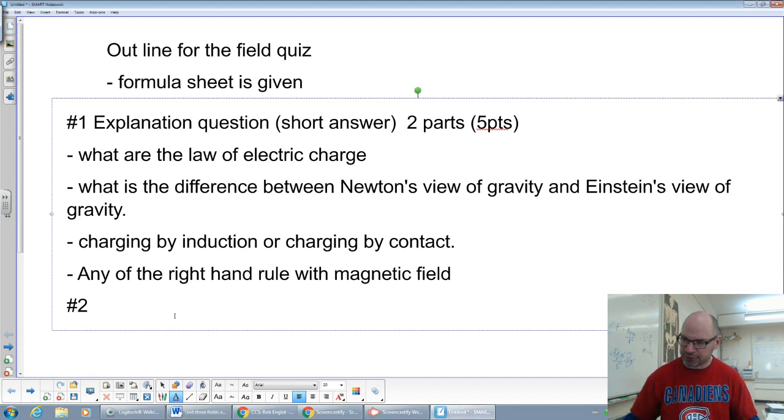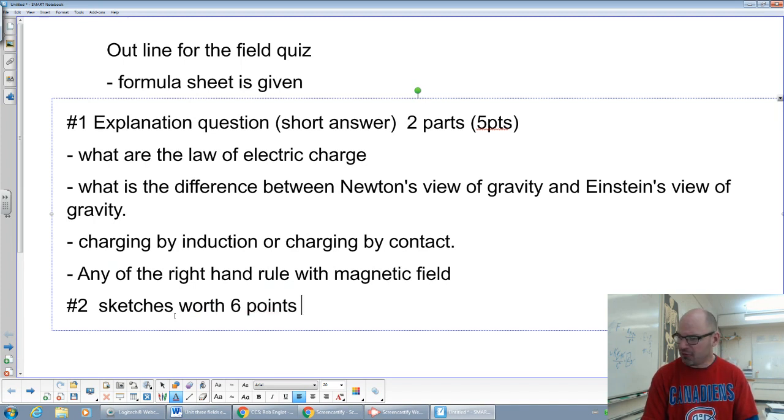So these are sketches, worth 6 points, and they'll deal with drawing 3 different sketches, 2 points each.